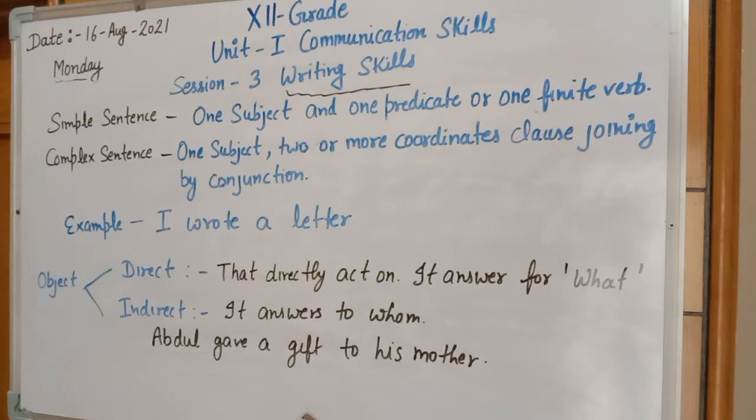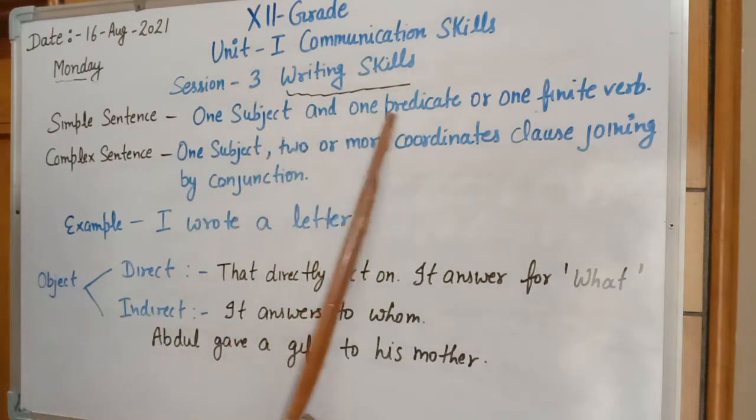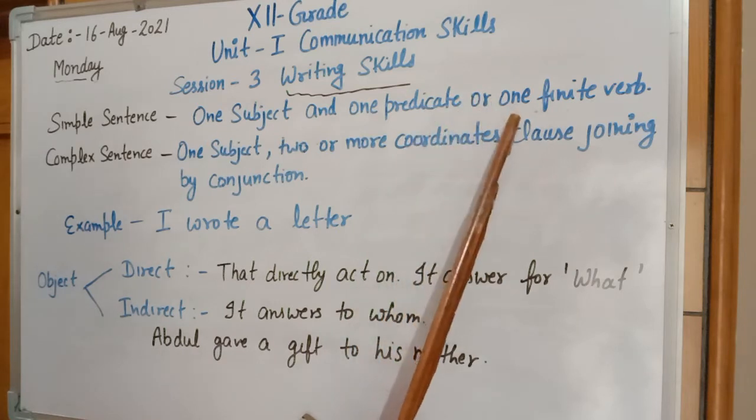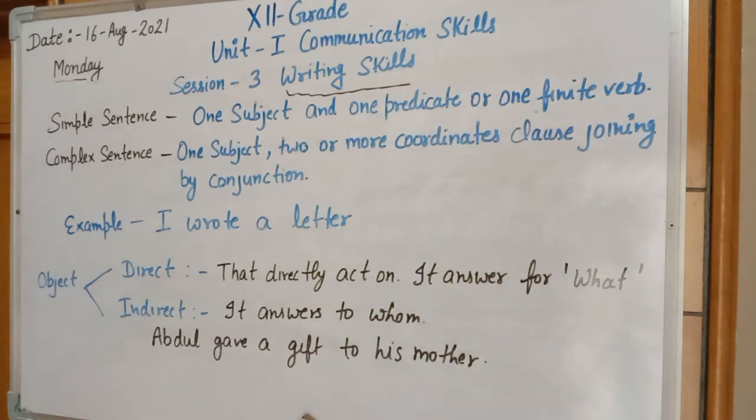So, before going to discuss in detail, let me discuss what is a simple sentence. A sentence can be of two types. One is simple, second is complex. A simple sentence is one in which one subject is there and one predicate or one finite verb is there. A simple sentence is a group of one subject and one predicate or one finite verb.